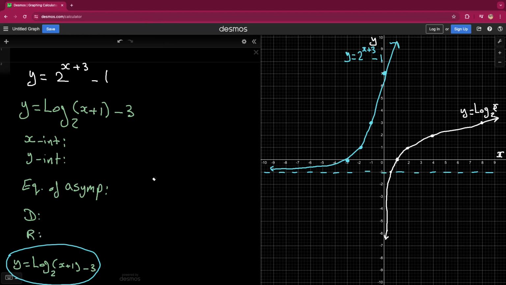Let me just get rid of this because we already wrote that. Okay, so some of you have to remember your log rules on how to manipulate logs. So now let me find the x-intercept first.